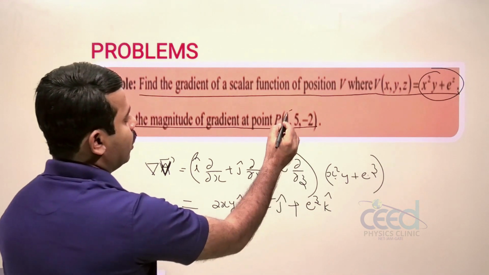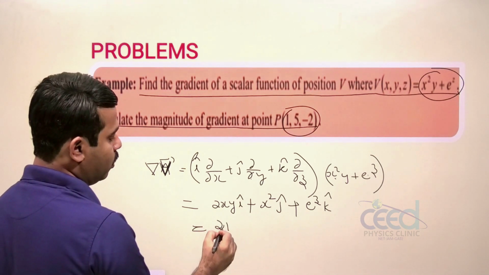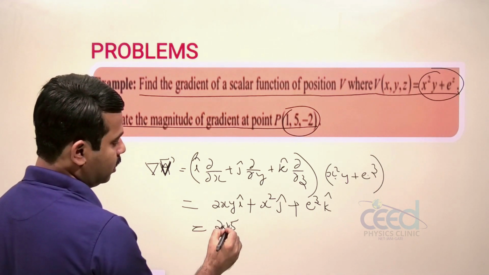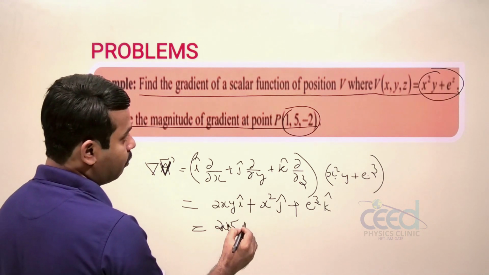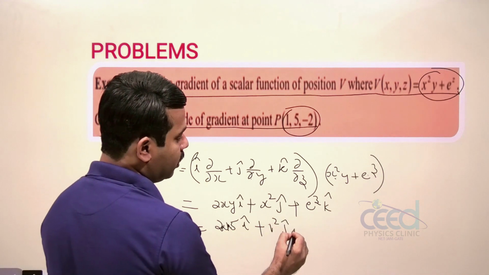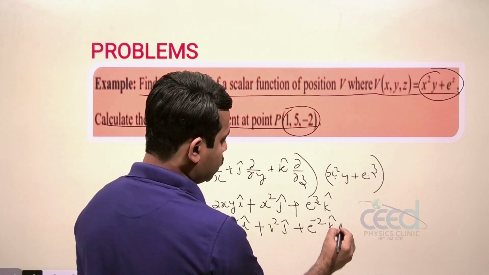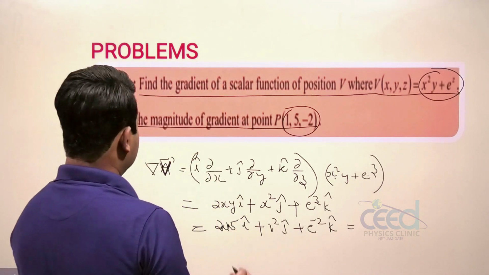Now let me substitute the point 1, 5, minus 2. So 2 into 1 into 5 I cap plus x square, that is 1 square, j cap plus e raised to minus 2 k cap.